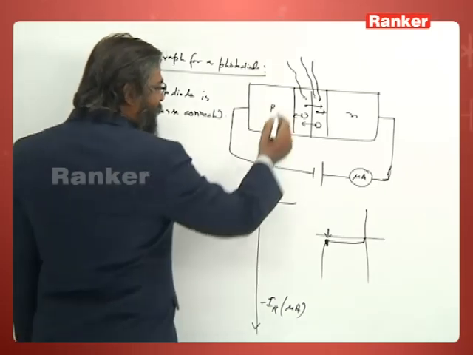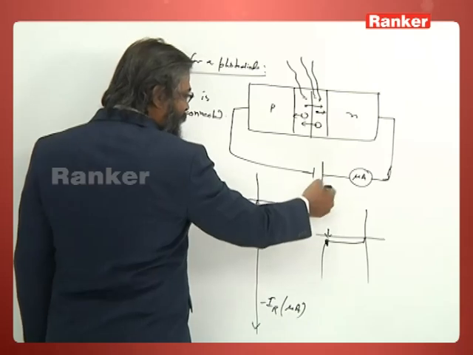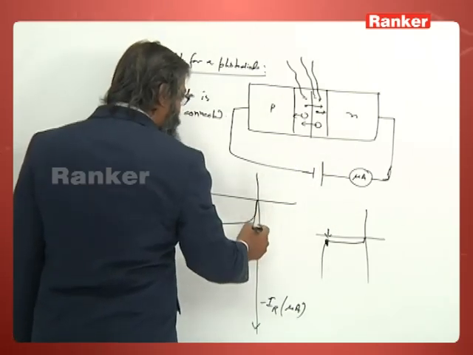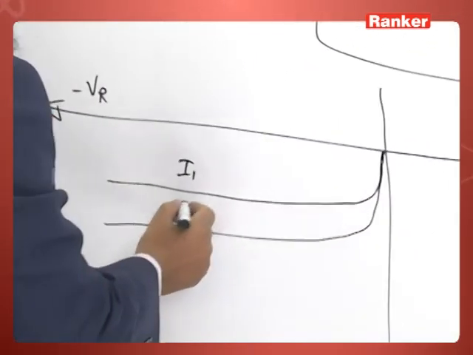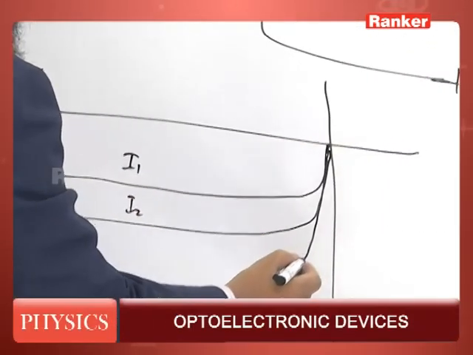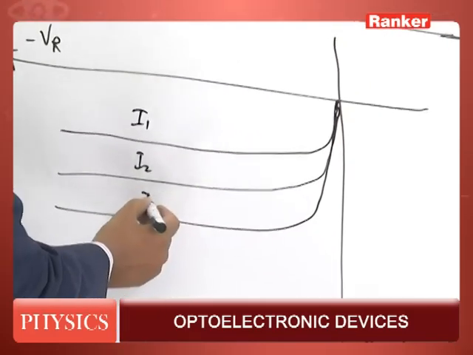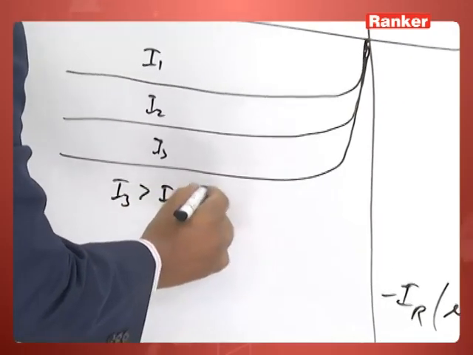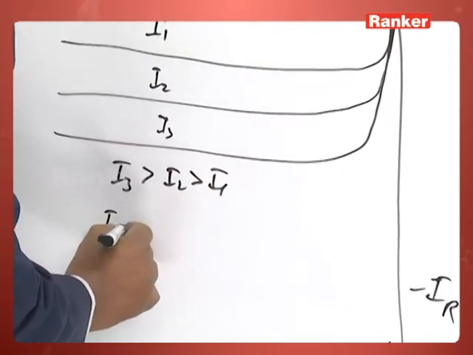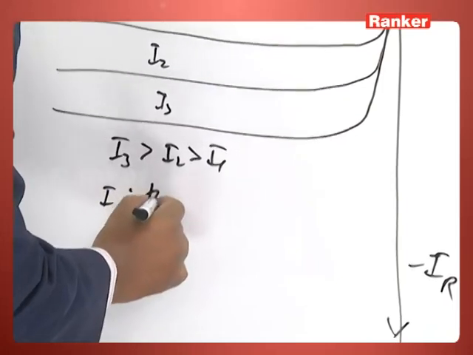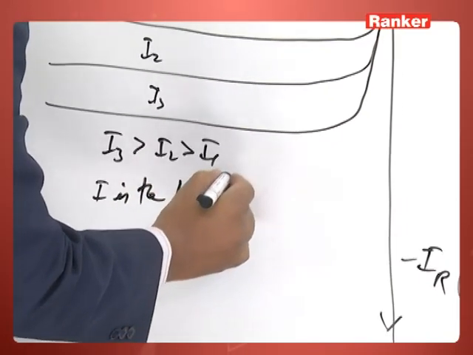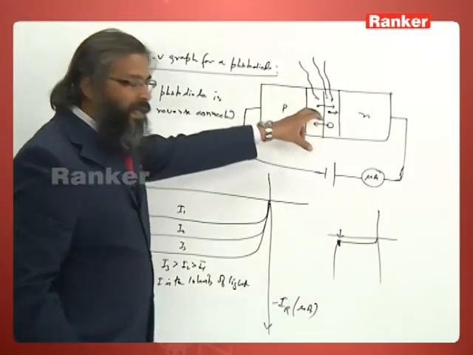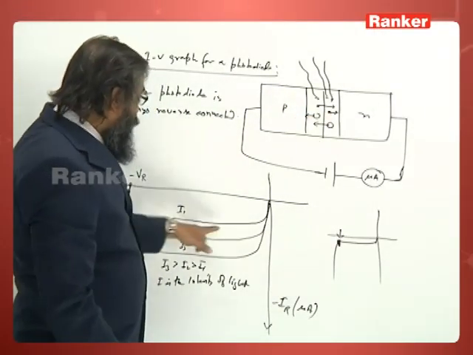Next, for the same variation, if I increase intensity to I2, the curve will become I2. Then this is I3. So here I3 is greater than I2 is greater than I1, where I is not the current but the intensity of light. So more light falls, more is the saturation current.